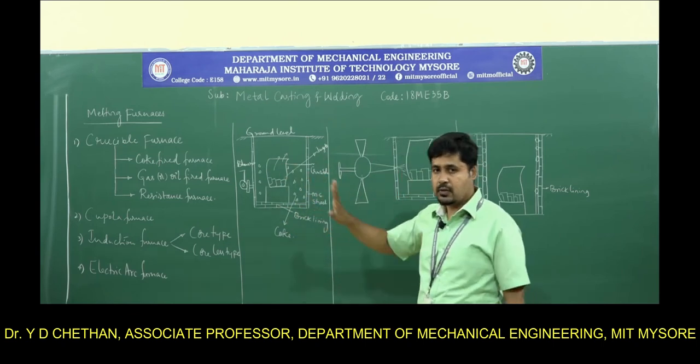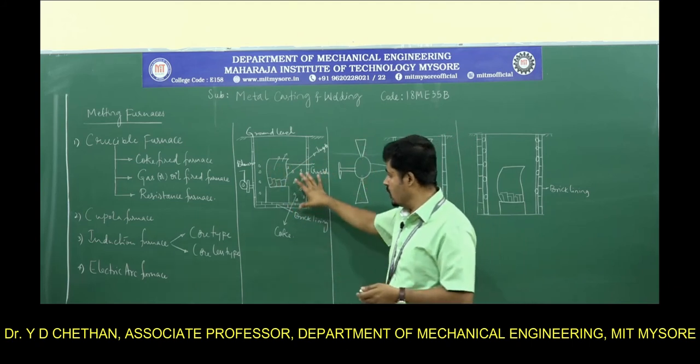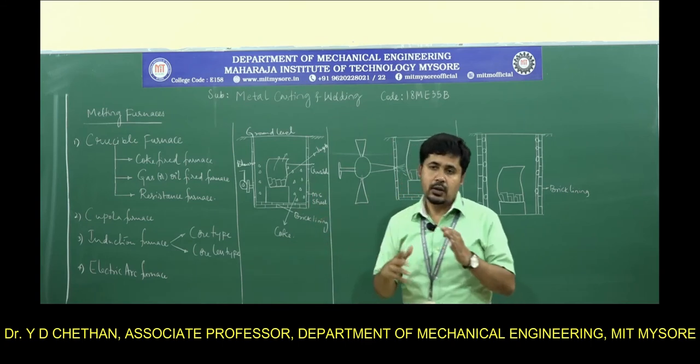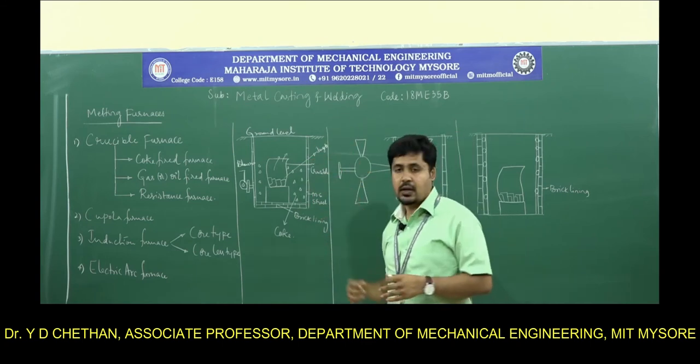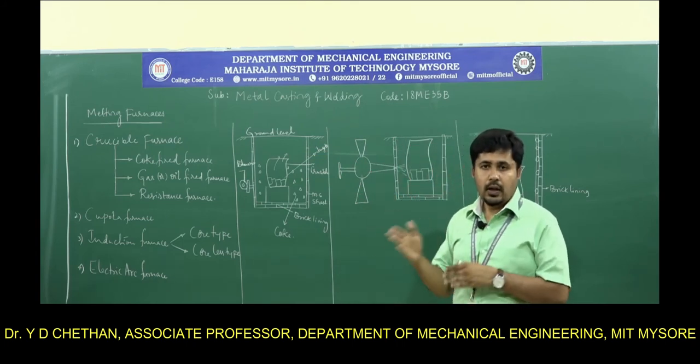The flame sweeps around the crucible so that the heat produced during this process is uniformly distributed over the crucible, so that the ingots inside the crucible change phase from solid to liquid.